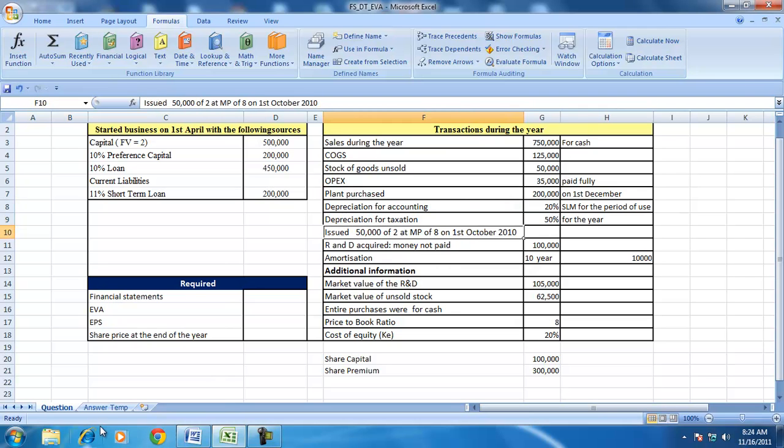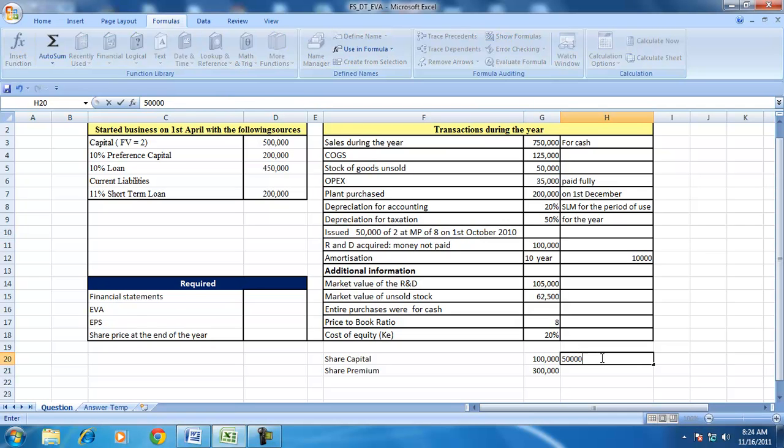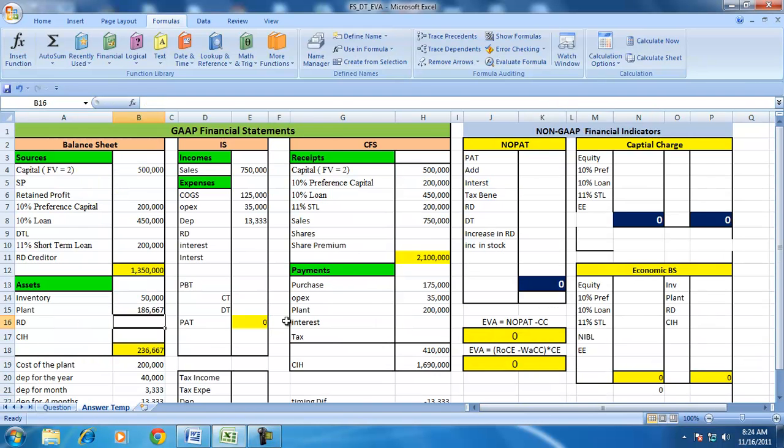They issued 50,000 shares of 2 at 8, so 50,000 into 2 will be the capital, and 50,000 into 6 is the premium, and to that extent cash goes up, capital goes up.